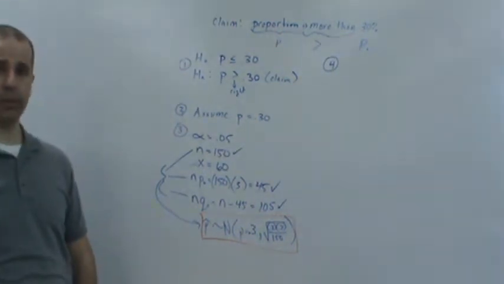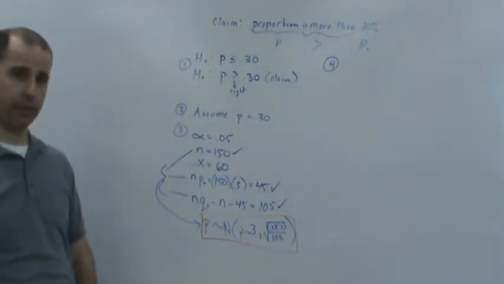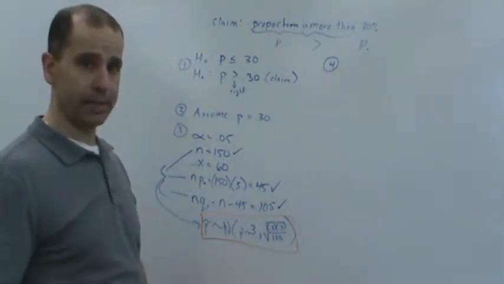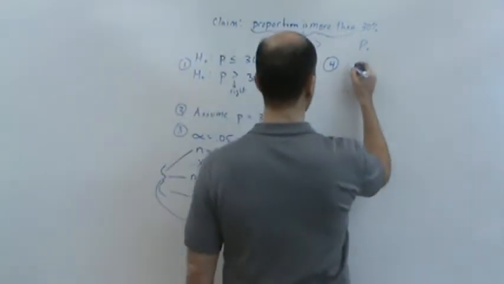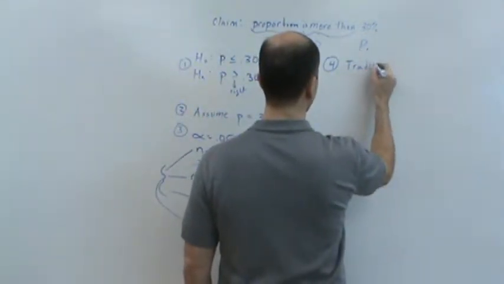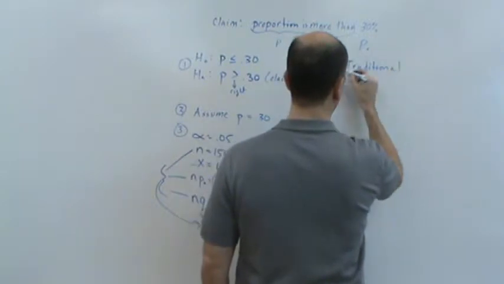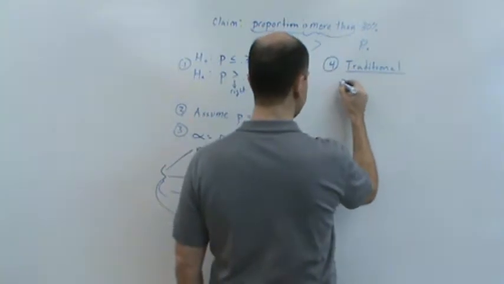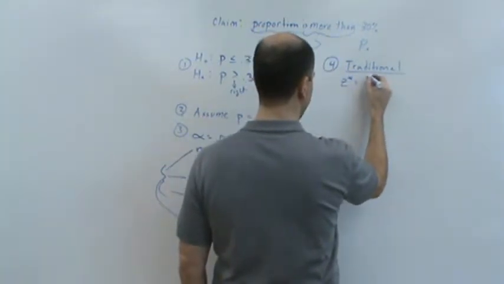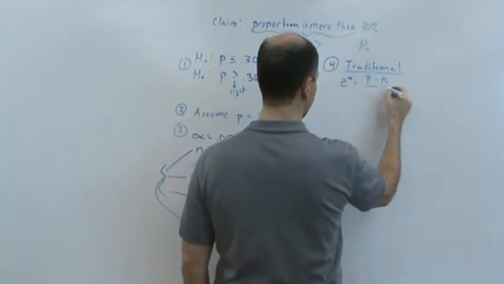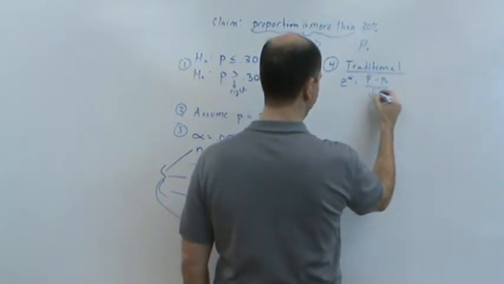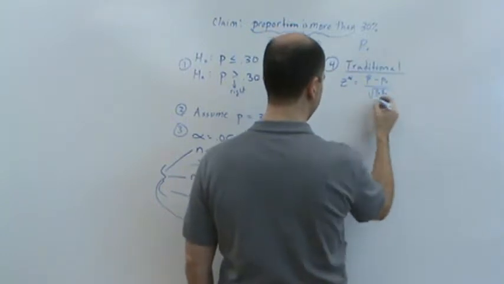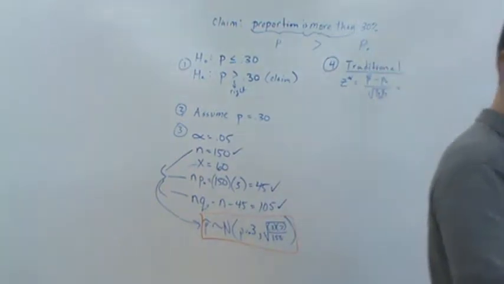I'm going to do the traditional method, then the p-value method, and then I'll show you on the calculator using the function 1-PropZTest. So for the traditional method, we're going to calculate our test statistic z star. z star is equal to p hat minus p0 divided by the square root of p0 q0 divided by n. Let's find out what we get.